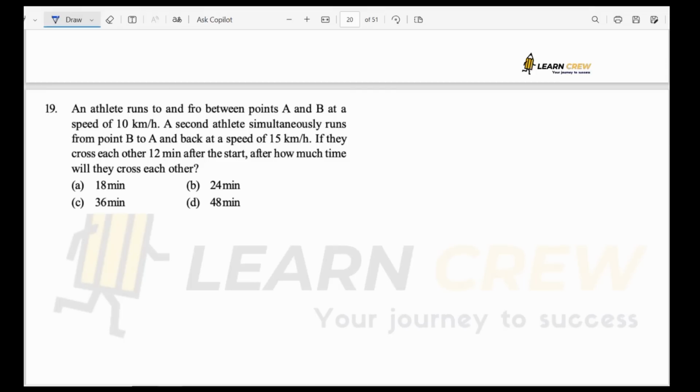A second athlete simultaneously runs from B to A and back at 15 km per hour.